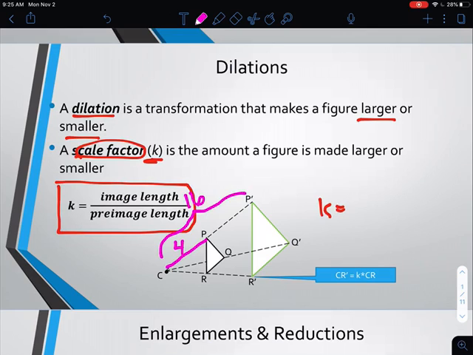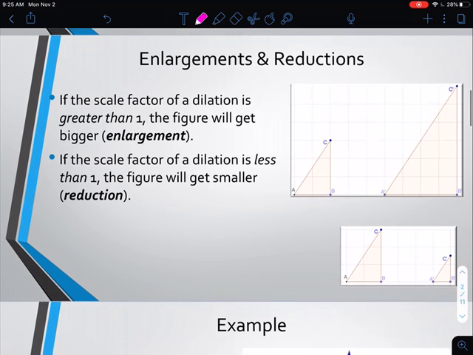Again, I can take the image length. It doesn't matter if it's part of the figure or not. It's just anything that has to do with the image. So in this case, 16 divided by my pre-image, which is 4, and I get a scale factor of 4. So when you're calculating scale factor, pick any two corresponding lengths, and make sure you put image on top, pre-image on bottom.